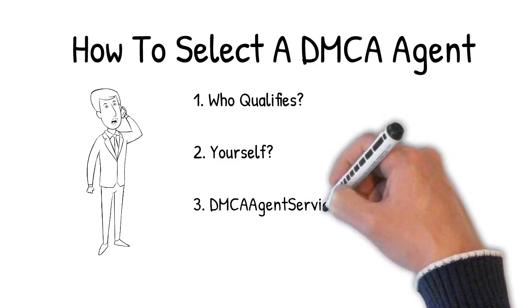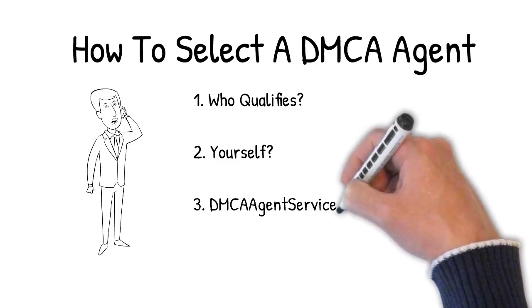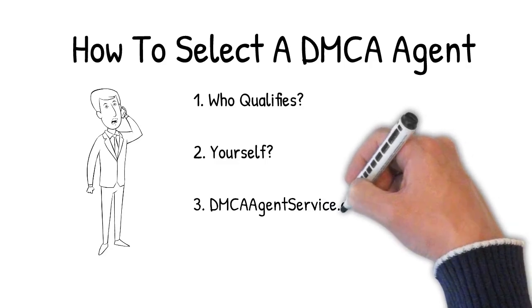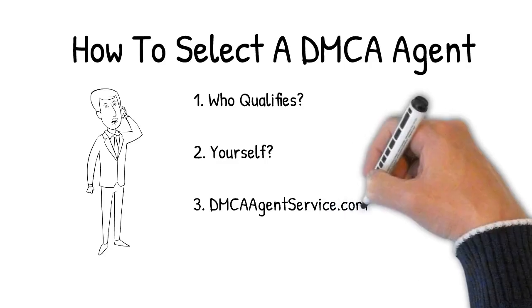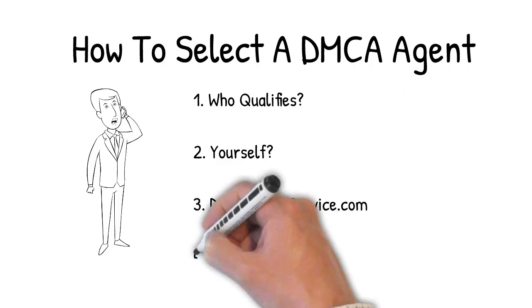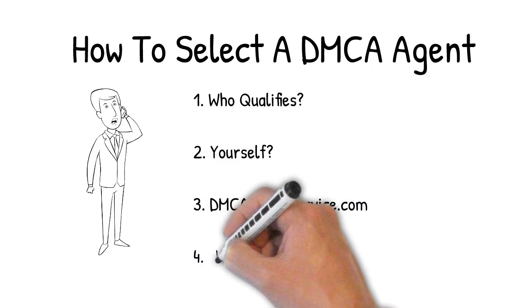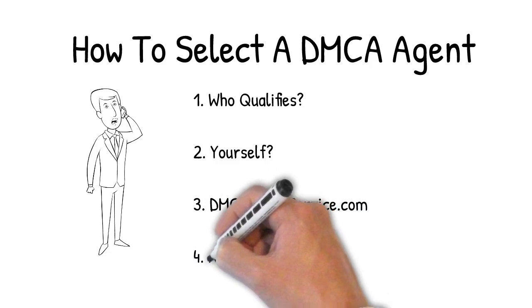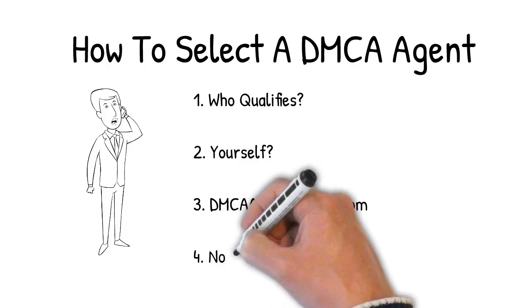But you need one. So who can be the agent? Who qualifies? Well, the DMCA doesn't place any limitations on it. It could be anybody. But there are some practical considerations. So if a copyright complaint comes in, under the DMCA, it must be dealt with, quote unquote, expeditiously. And the courts have suggested this means between 24 and 48 hours, including during weekends and holidays.